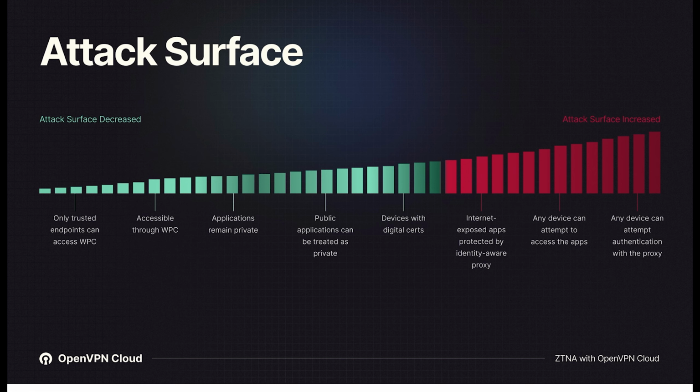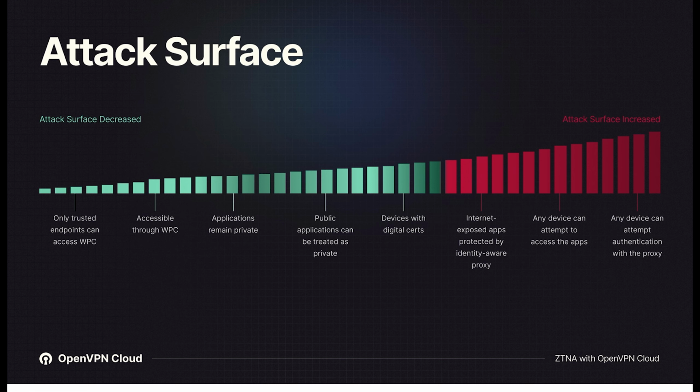Basically, attack surface decreases as we move toward the left on this slide by making sure that public apps are being treated as private and trusted and accessible through WPC, and only trusted endpoints and devices are accessing WPC.